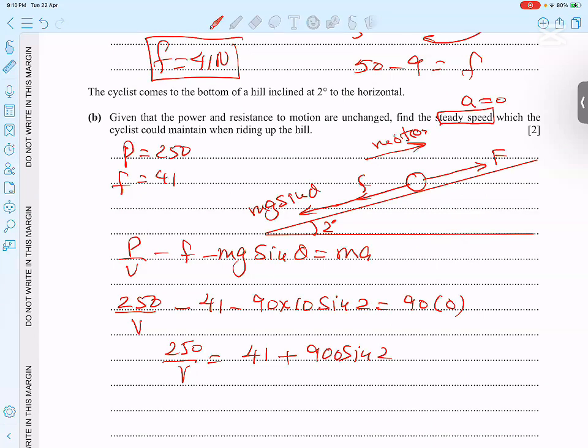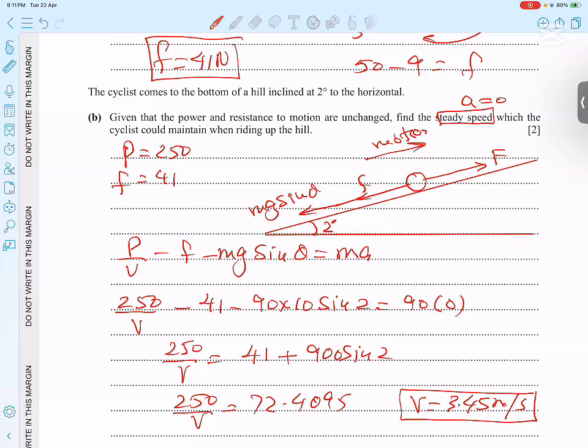So 41 plus 900 into sine. So I got 250 over v is equal to 72.4095. So this 250 divided by that, and I got my answer 3.45 meters per second.